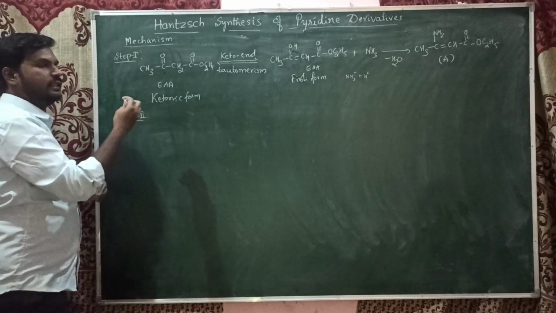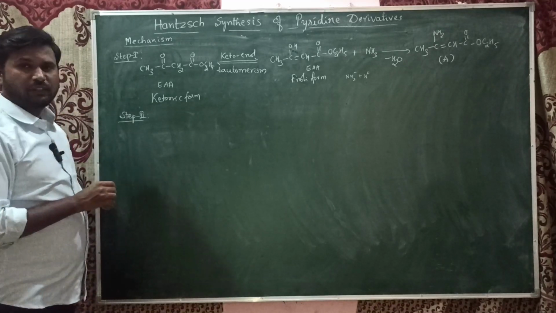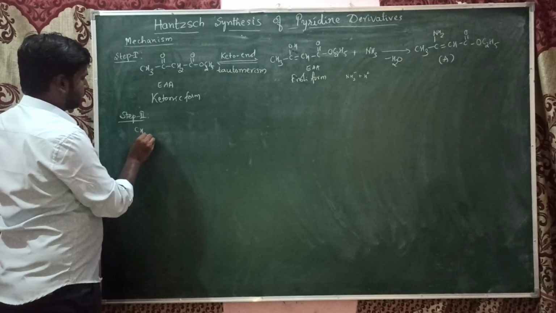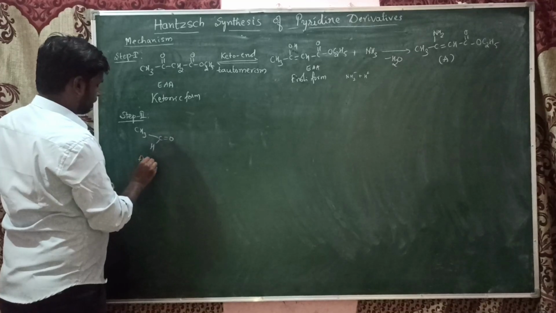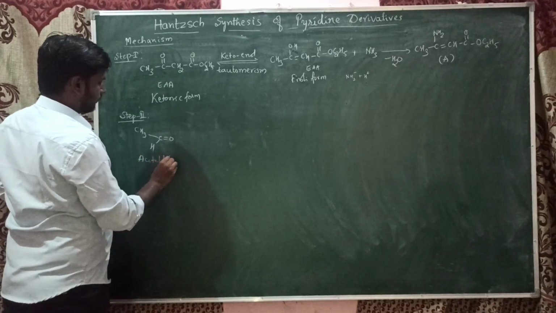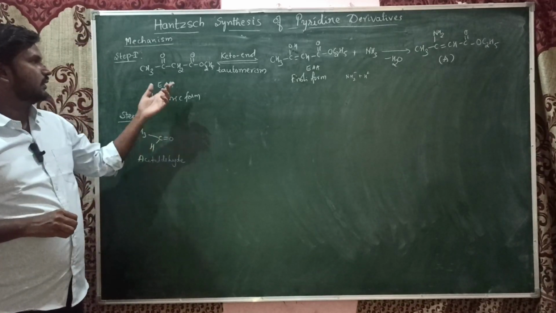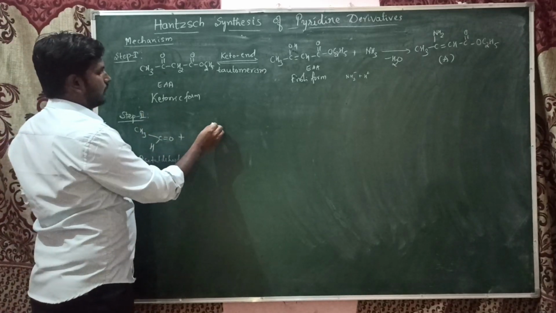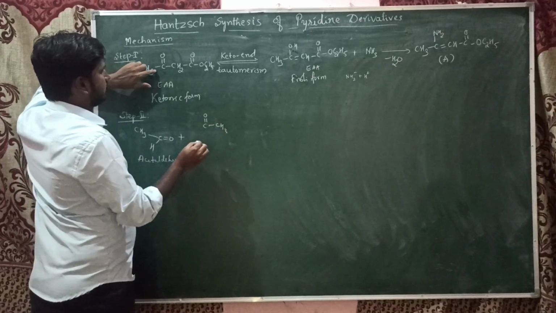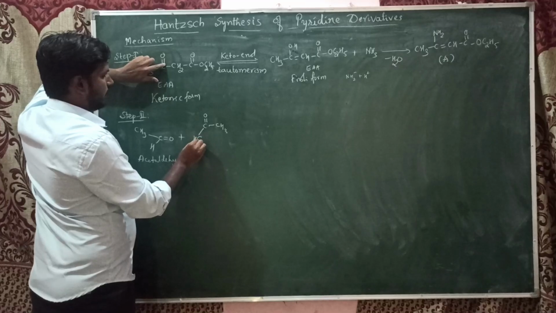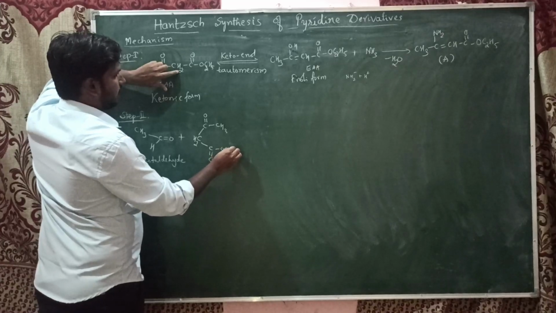this EAA molecule will be condensed with an aldehyde. We have taken an example of acetaldehyde, CH3 COH, acetaldehyde. Now it is going to condense with this EAA, CH3CO CH2 COOC2H5.